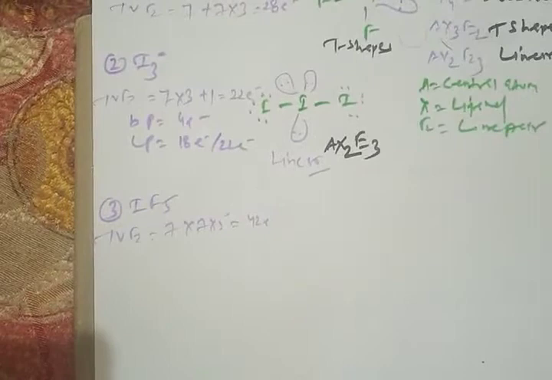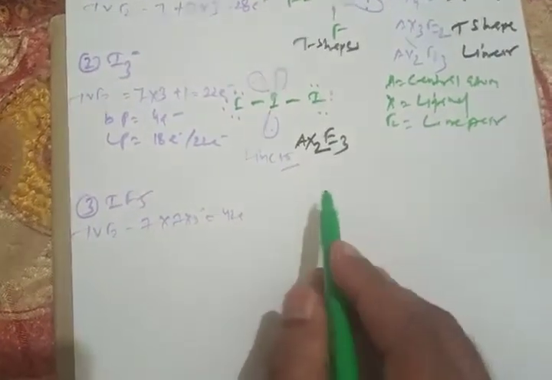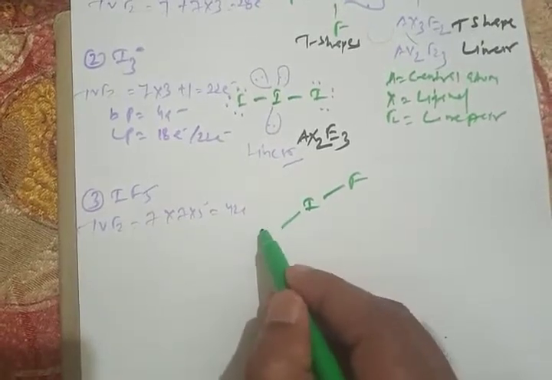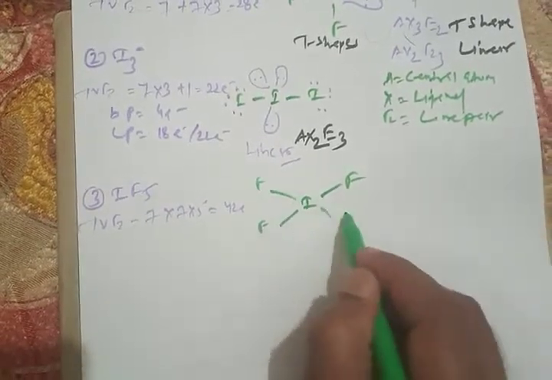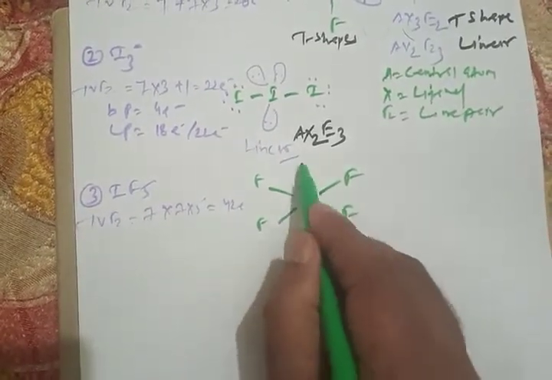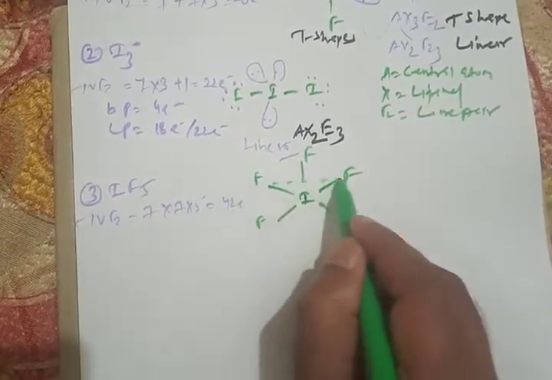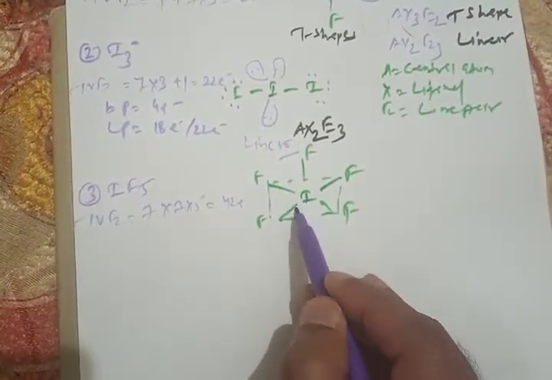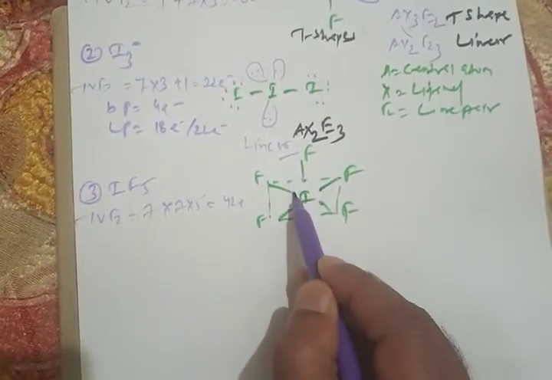So let's draw the structure. IF5, that means iodine with one fluorine here, one fluorine here, one fluorine, another fluorine, and this is another one. Then let's calculate for iodine: 1, 2, 3, 4 and 5, so we required one more.